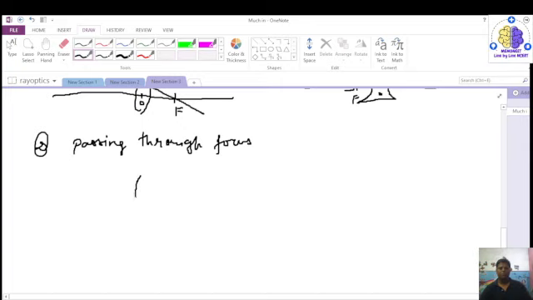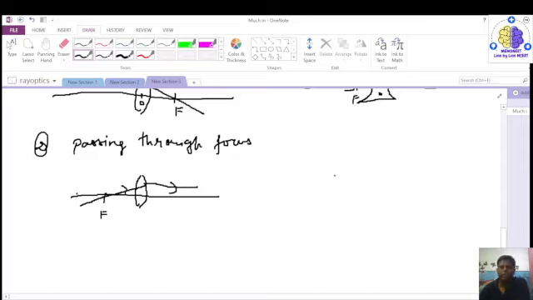So if this is your convex lens, this is the principal axis, and this is the focus, then the light ray passing through the focus, after refraction, will travel parallel to the principal axis.